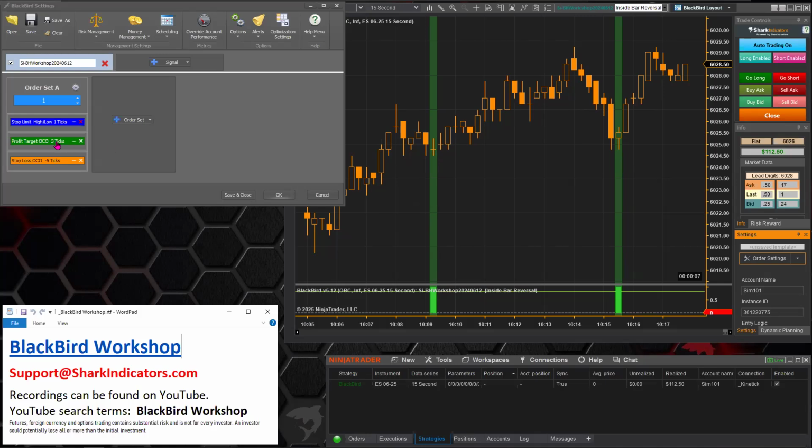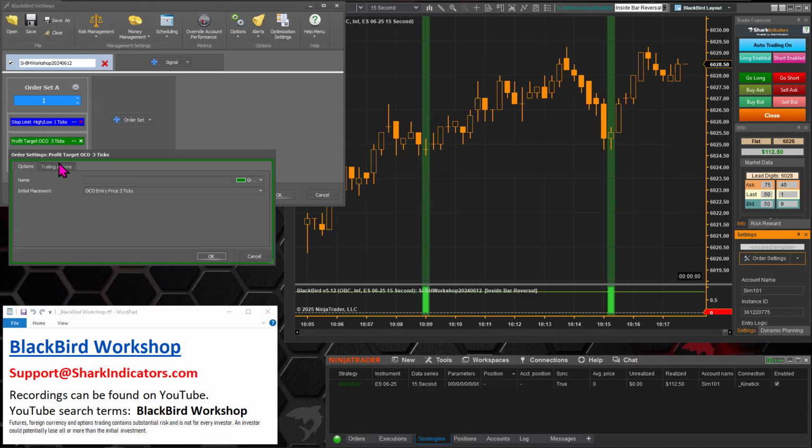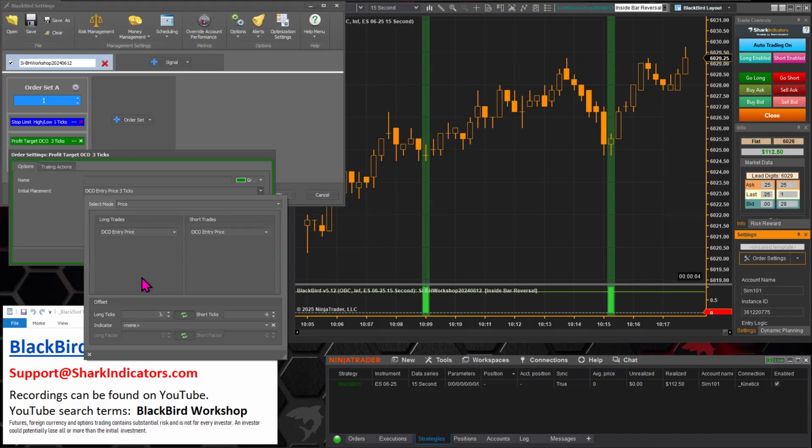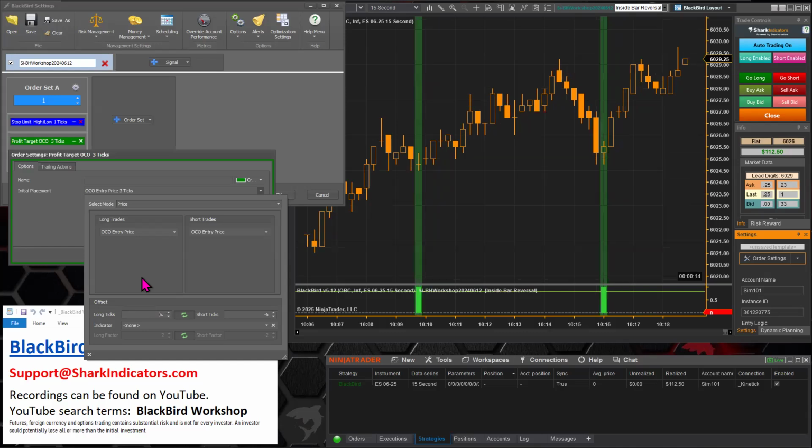I mean, if you mean by dynamic, like maybe one trade, you want to be able to use a 3-tick profit target, and then the next trade, you want to use a 5-tick profit target. Blackbird's a piece of software. It can't read your mind, so it's not going to know when you want to switch from a 3-tick profit target to a 5-tick profit target. Just using the previous question here as my example.